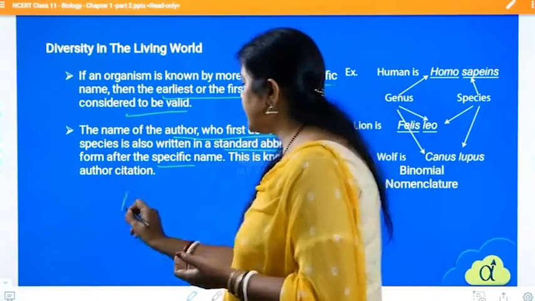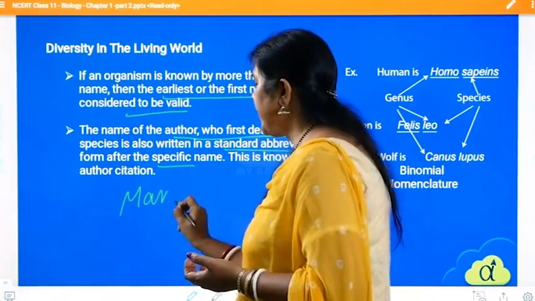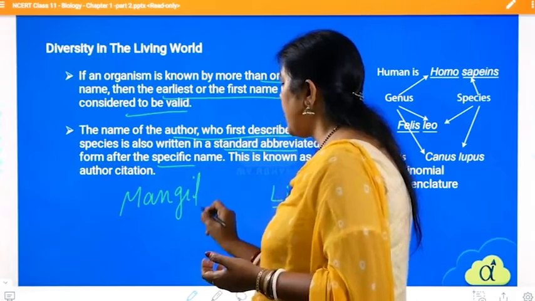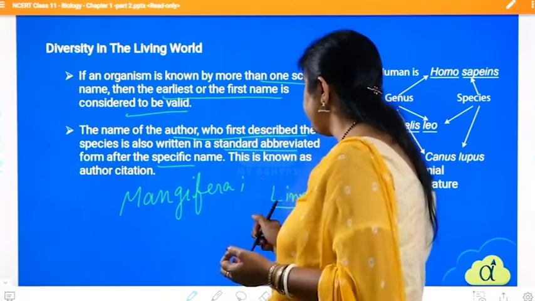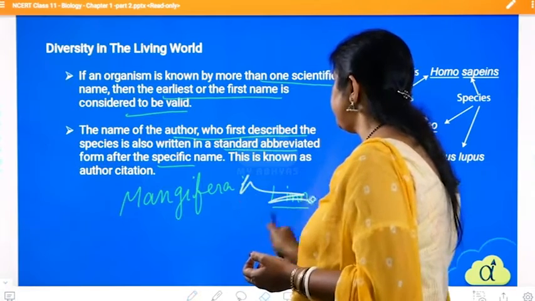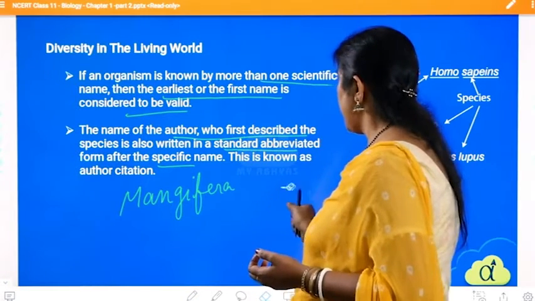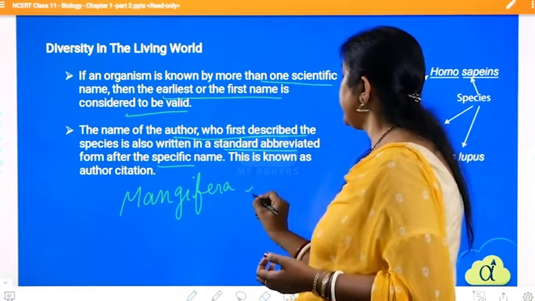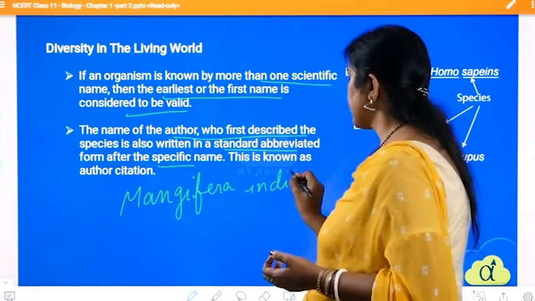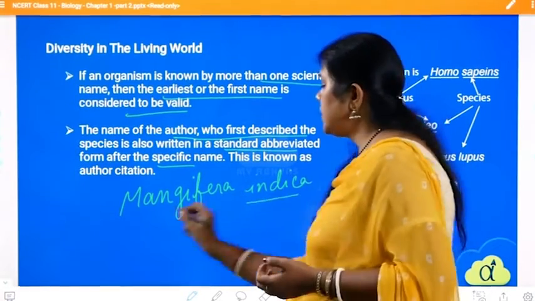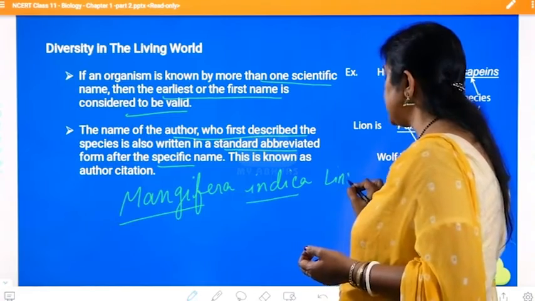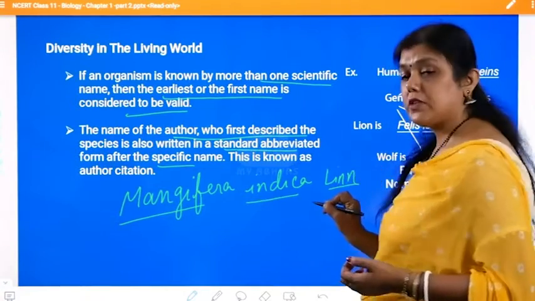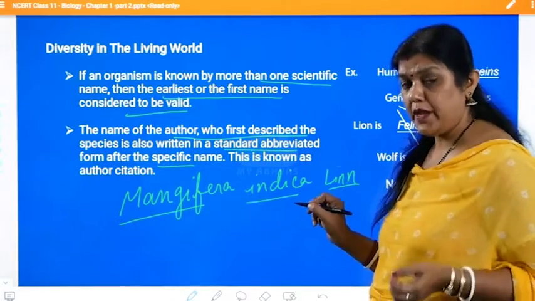So it happens something like this. For example, the scientific name of mango, I'm going to write Mangifera indica. And if I know the author who has done this naming, I'm going to abbreviate the name of the author, that is Linnaeus, as L-I-N-N dot.